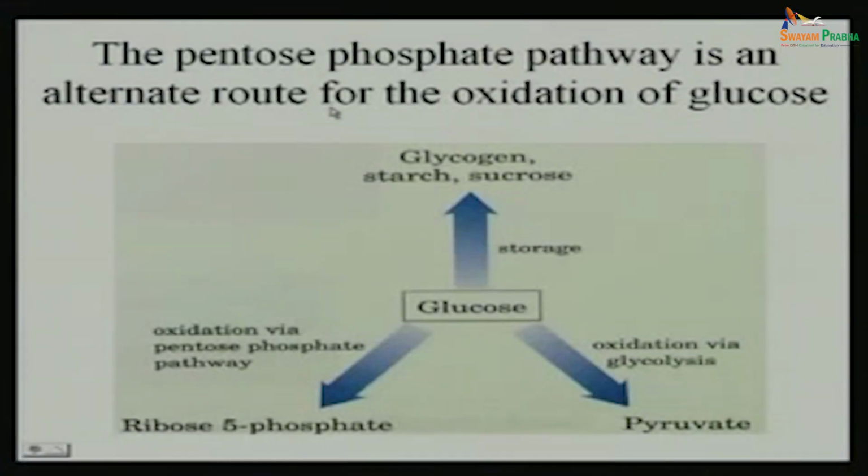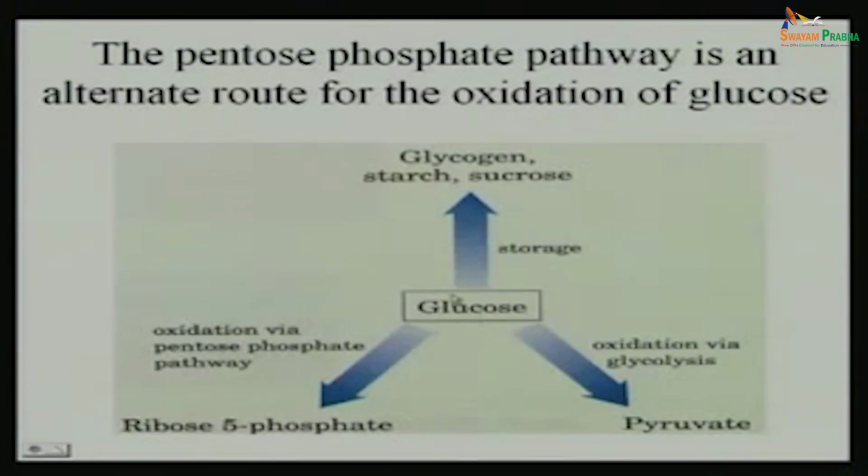As I have told earlier, glucose may enter different pathways for doing different metabolic activities in the cell. When glucose concentration is more in the cell, it can be stored in the form of glycogen, which is stored in the liver.